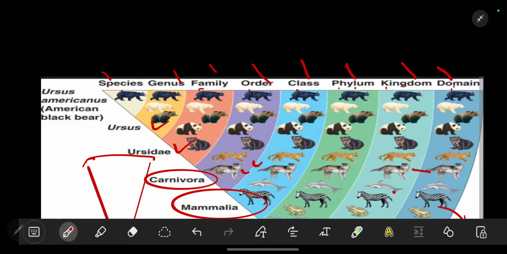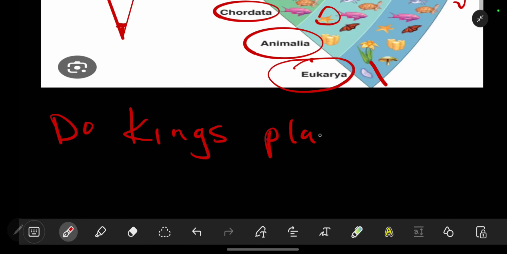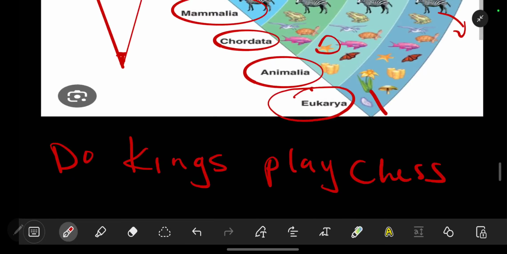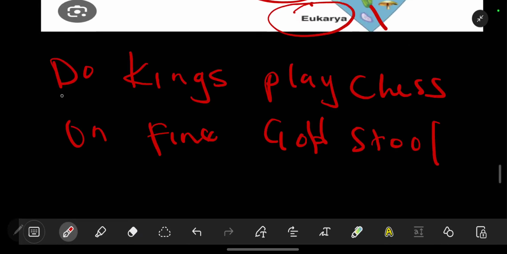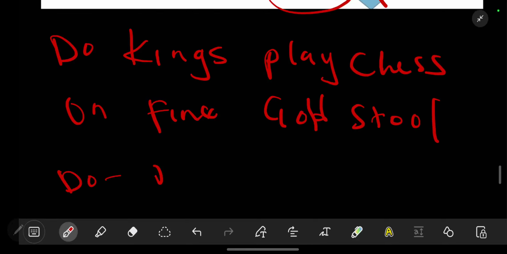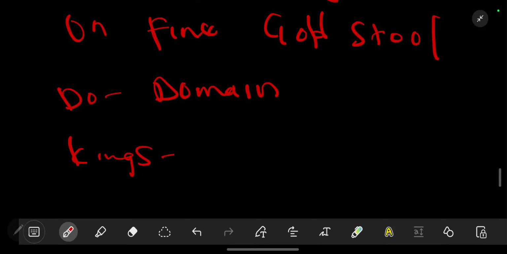There is a simple way of remembering this, which is just a question. You can ask yourself: Do kings play chess on fine god's stool? That first one, "do", will be the domain. For kings, we have the kingdom.